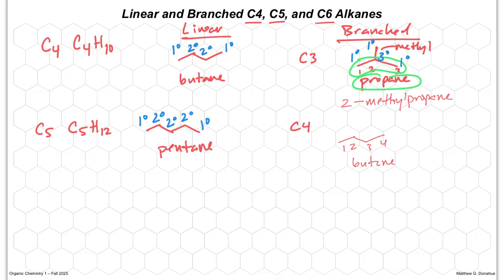The last carbon is going to be a methyl group. So the logic of this, you can never put it at the end. It has to be an internal carbon. So this would be 2-methyl butane.